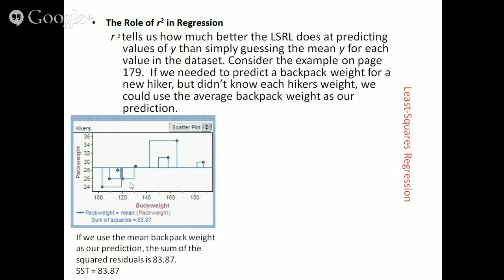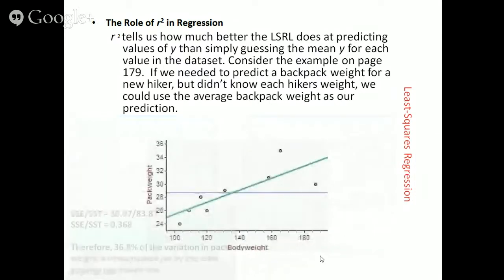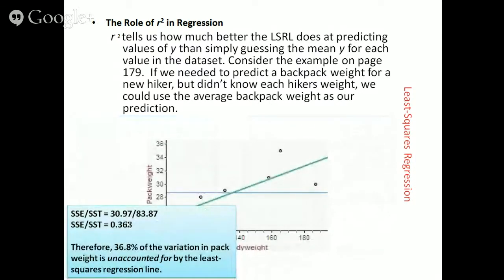So they're squaring their residual, okay? If we use the least squares regression line to make our predictions, the sum of the squared residuals is, okay? And then we just use our equation. We're going to divide these two and we get this.